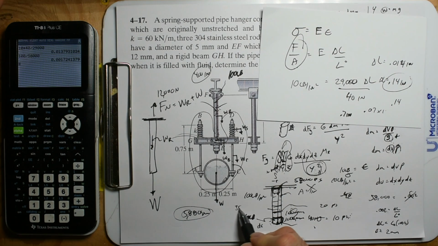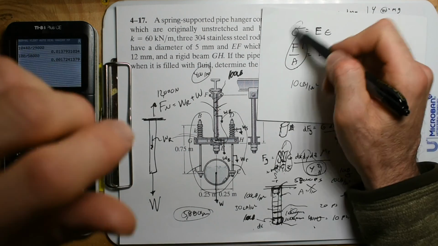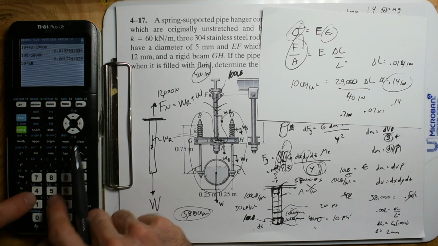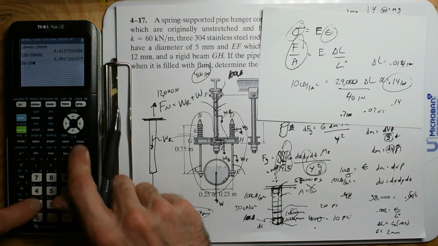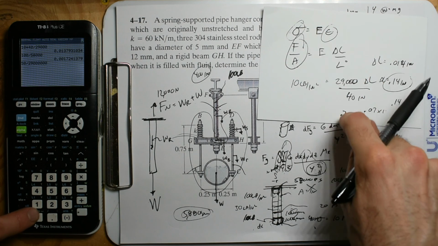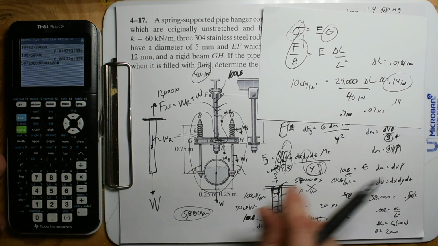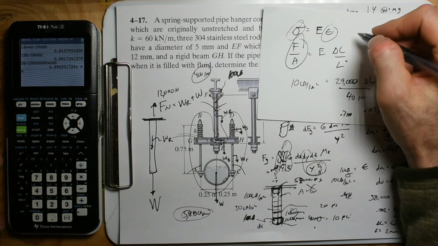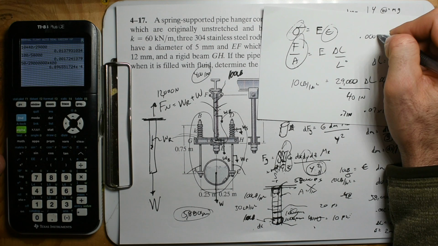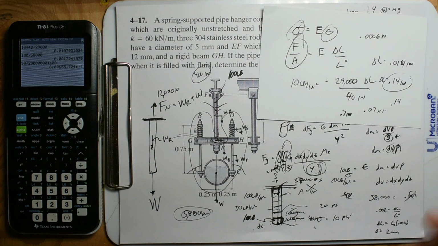Let's say the average stress is just halfway, so it's going to be 50 pounds per inch squared. We want to find the strain, so I'm going to take 50 divided by 29 million, and then multiply by the initial length, so times 400 inches. That's going to give me the change in length. So the change in length is imperceptible. It's 0.006 inches. And that's what we would expect.